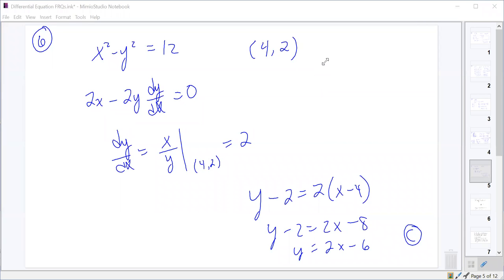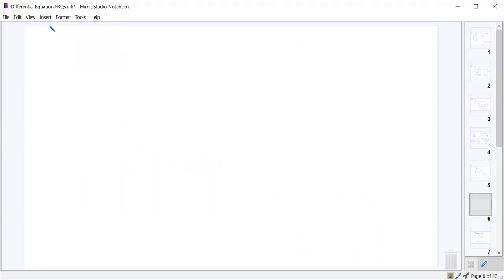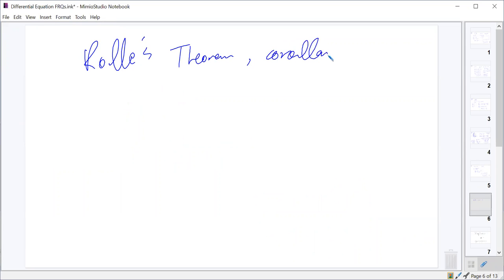I don't remember what Rolle's theorem was, and I was looking through my notes and kind of wanted a review on what that is. Yeah, sure. Rolle's theorem is just a corollary to the mean value theorem for derivatives.